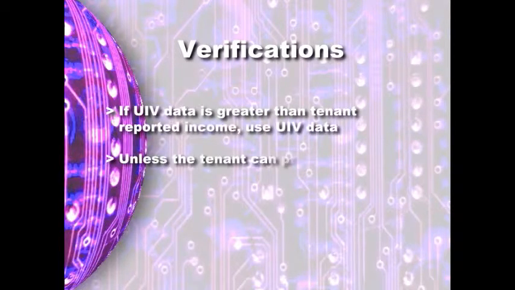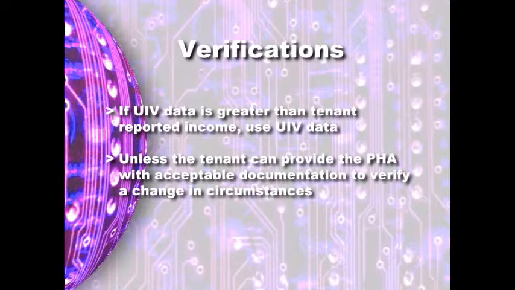If UIV data is greater than tenant-reported income, then use the UIV data, unless the tenant can provide your housing authority with acceptable documentation to verify that there was a change in circumstances.